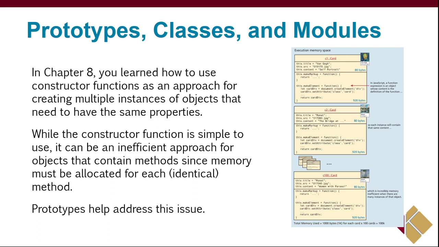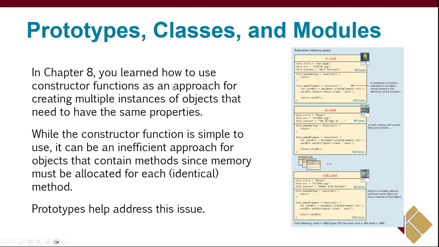Each one is 920 bytes for the markup and then 80 bytes for the item itself, which is like 1,000 bytes. You have 100 of those. That is 100K of memory, 100,000 bytes of memory that you're going to use up.